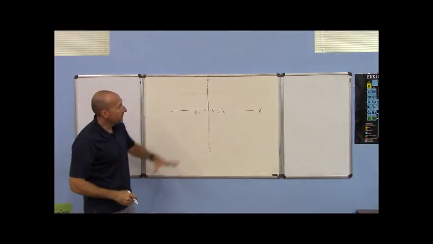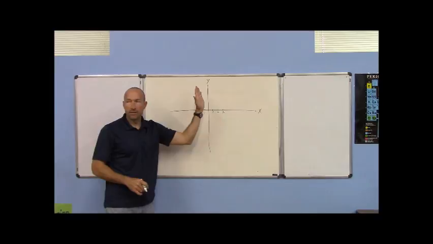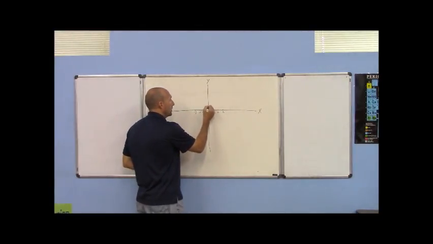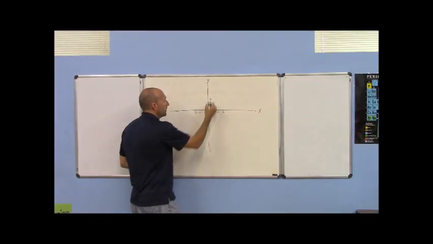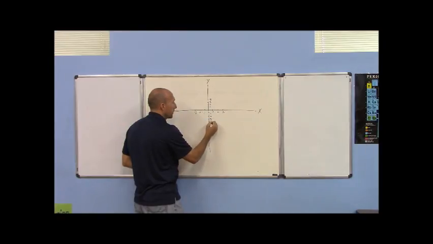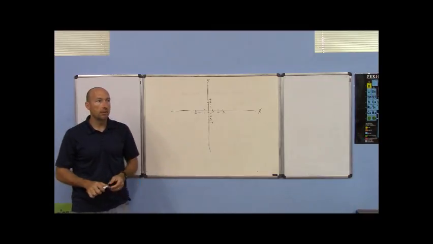Now we also have a number line for the y-axis, but it is rotated 90 degrees. Up is the positive direction, 1, 2, 3, 4, and so on. And then in the down direction is negative. -1, -2, -3, -4, and so on. You continue however far you need to go.